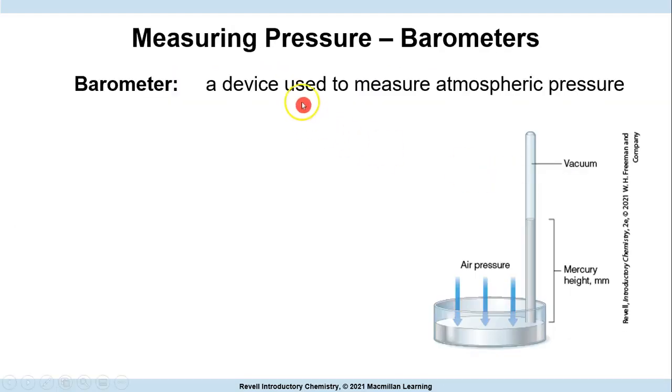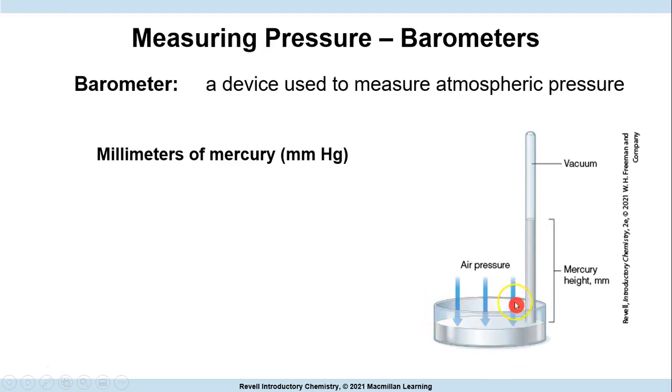Now, pressure can be measured using what is called a barometer. A barometer is a device that is used to measure atmospheric pressure. Now, how does the barometer work? Here is a long hollow tube. The tube is filled with mercury, and then the mercury is inverted over a container that contains mercury.